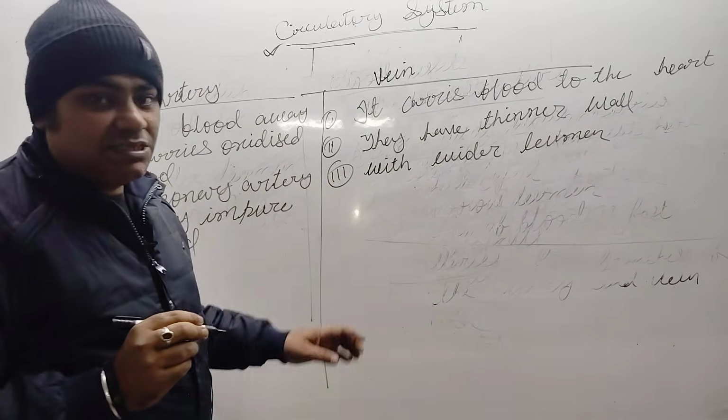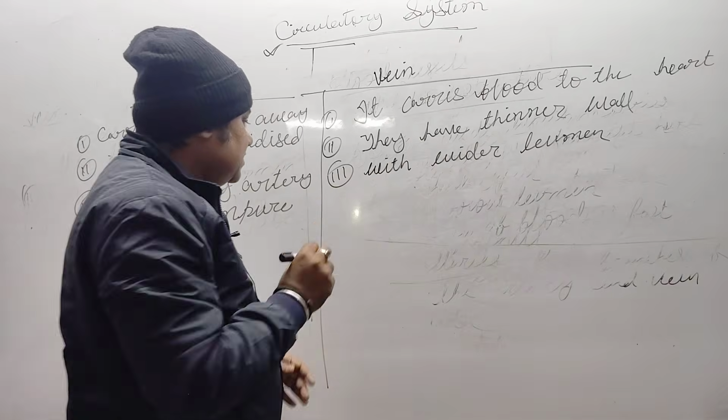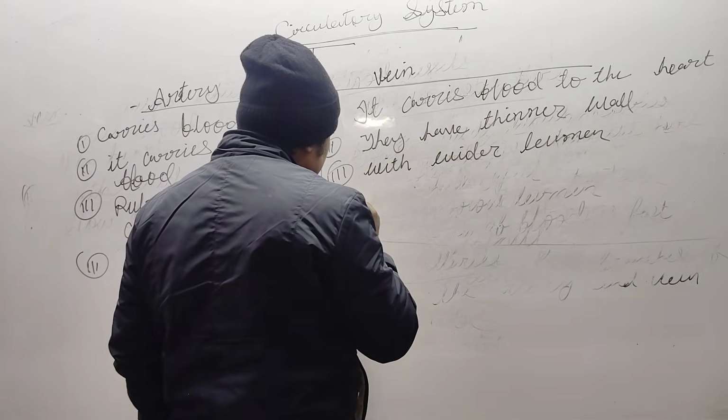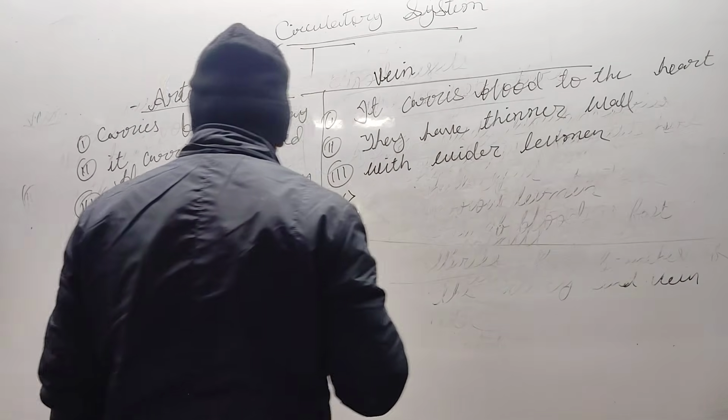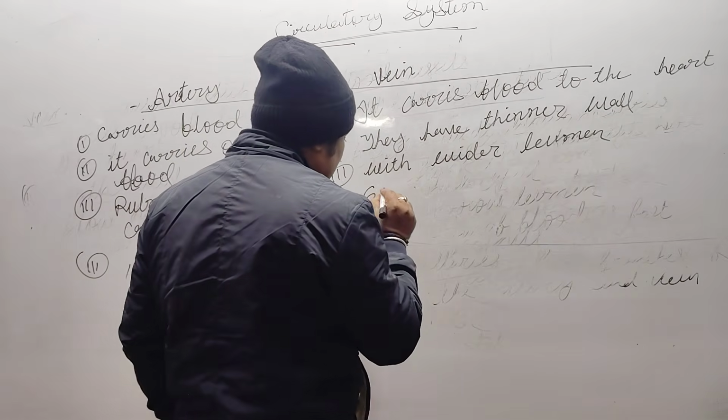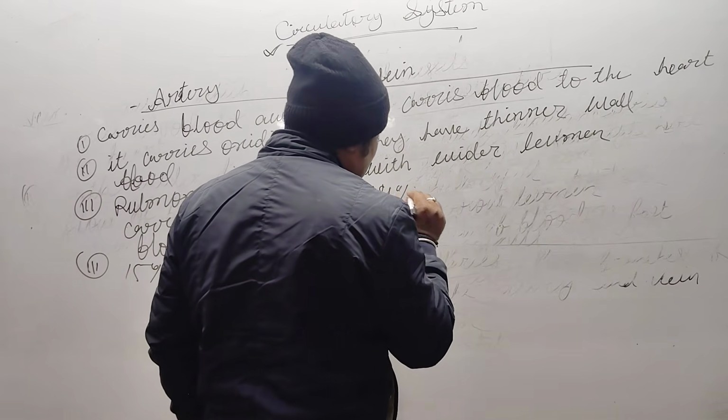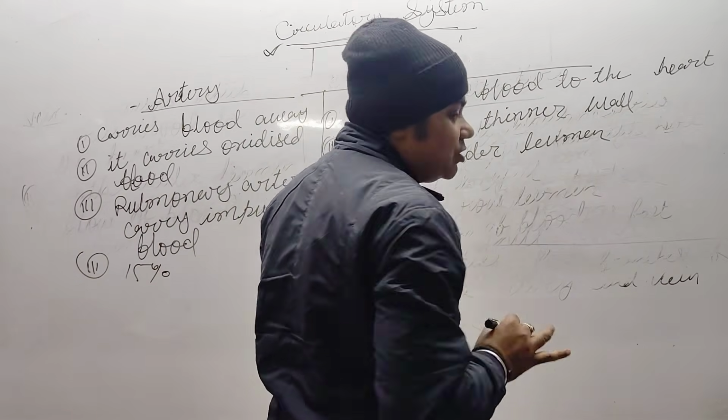The blood flow in the veins is slower. And about 60 to 64% of the total blood is carried by the veins.